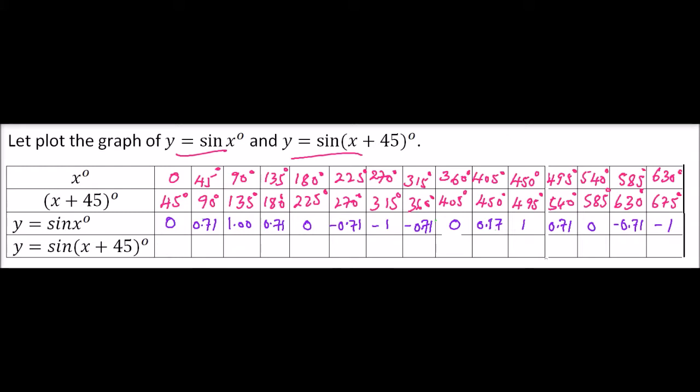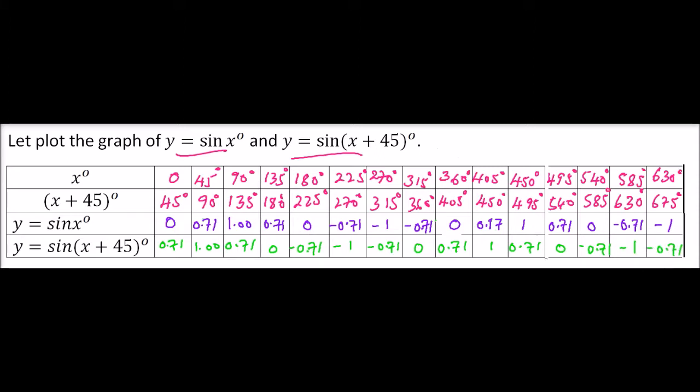Here we have 0.71, 1.00, 0.71, 0, minus 0.71, then minus 1, minus 0.71, 0, then 0.71, then 1, 0.71, then 0, minus 0.71, then minus 1, then minus 0.71.